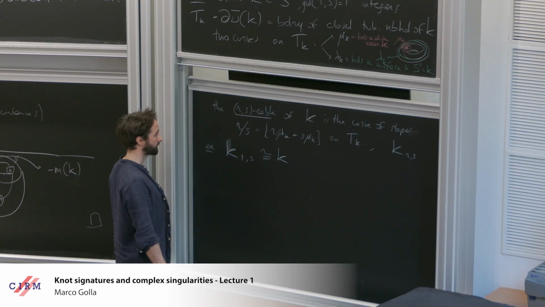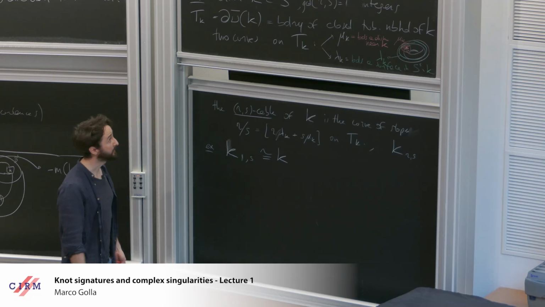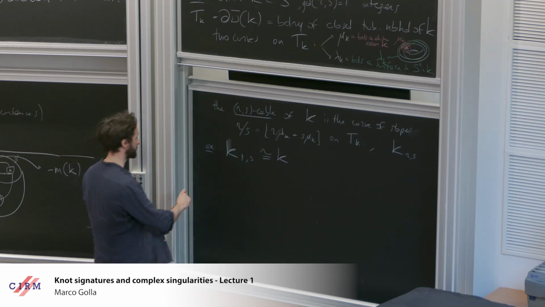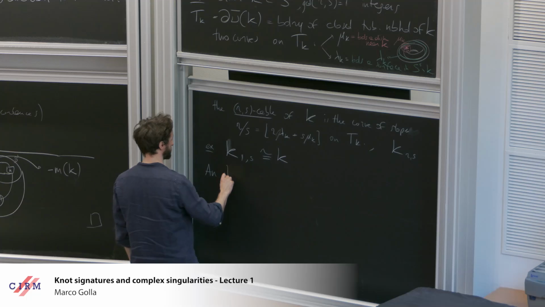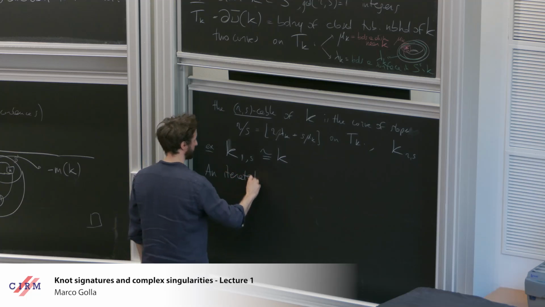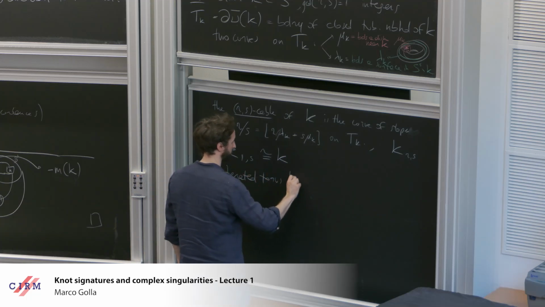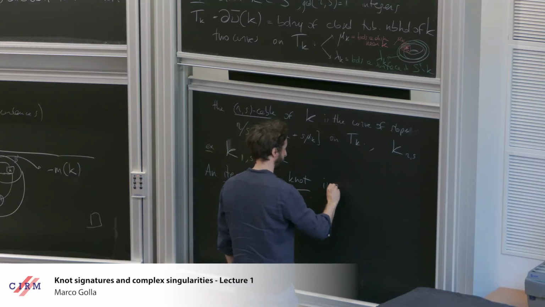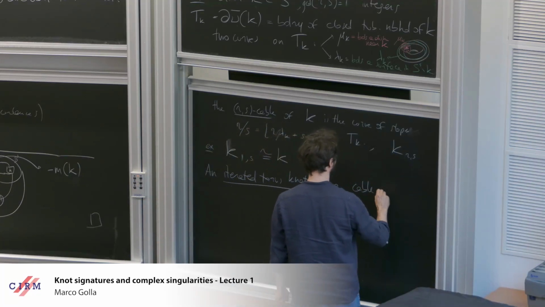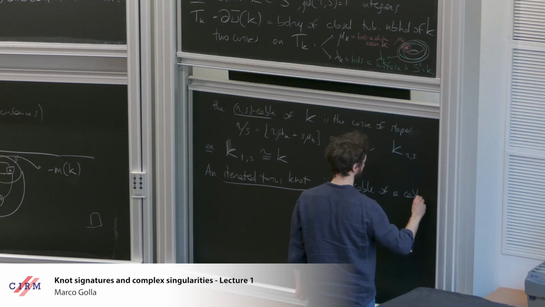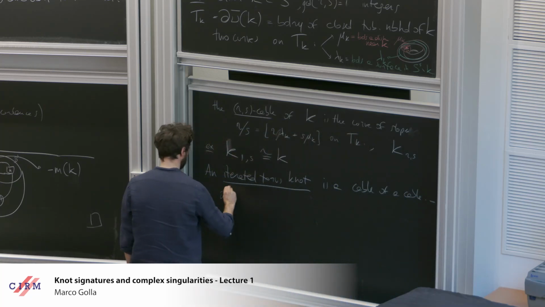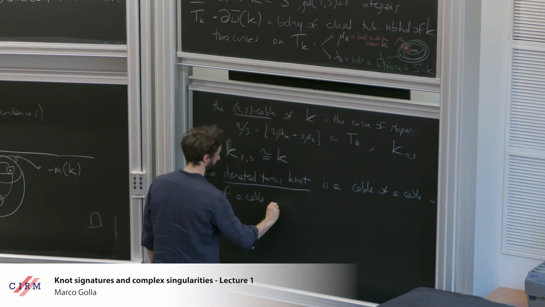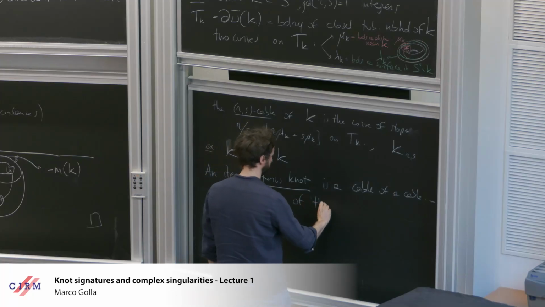Cool. What does sufficiently positive mean? Okay, what is an iterated torus knot? So an iterated torus knot is an iterated cable. It's a cable of a cable of a cable of the unknot.